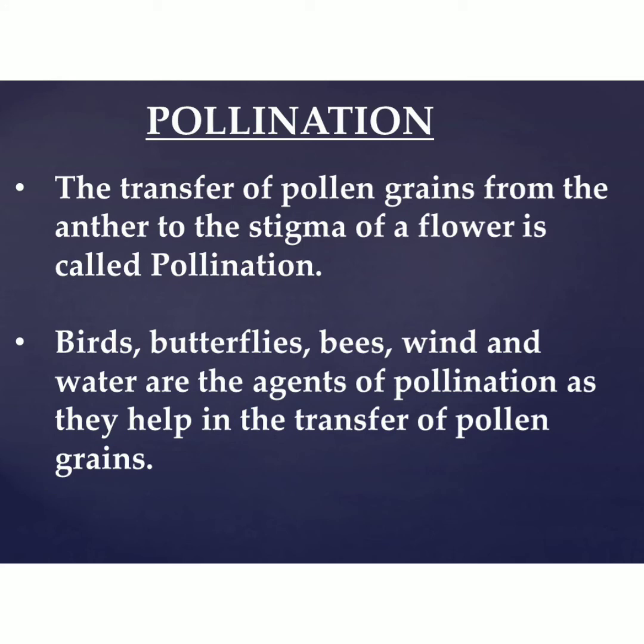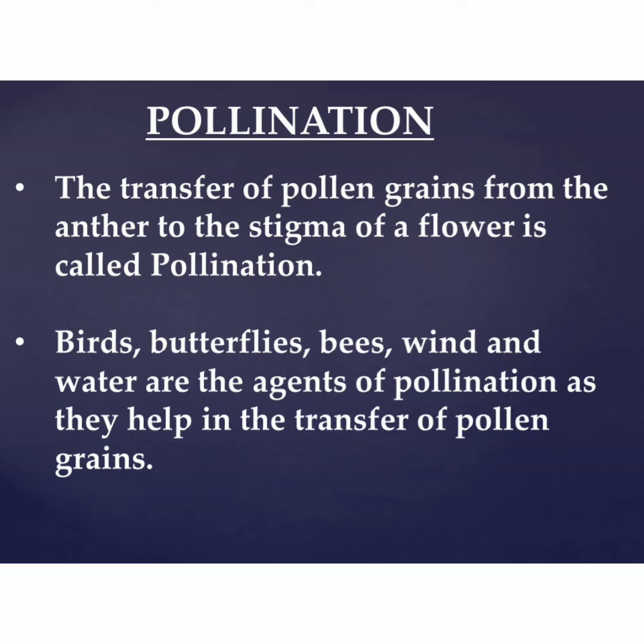Okay, so now we come on to the meaning of pollination. Pollination is the transfer of pollen grains from the anther to the stigma of a flower. Now, you must be thinking, how do the pollen grains get transferred from the anther to the stigma?